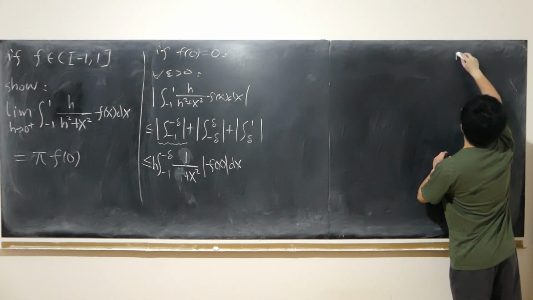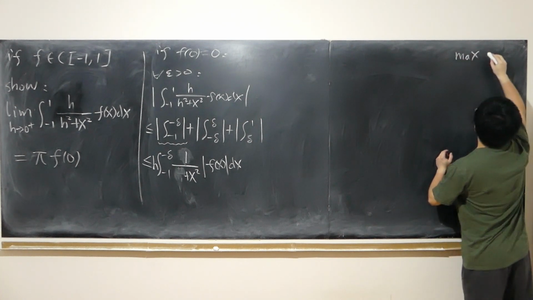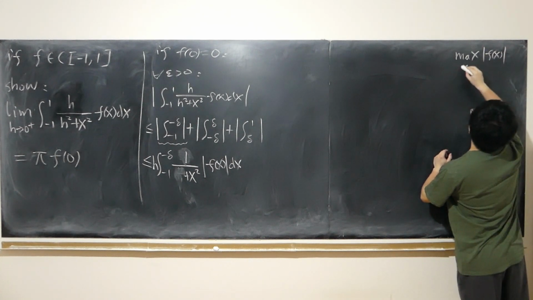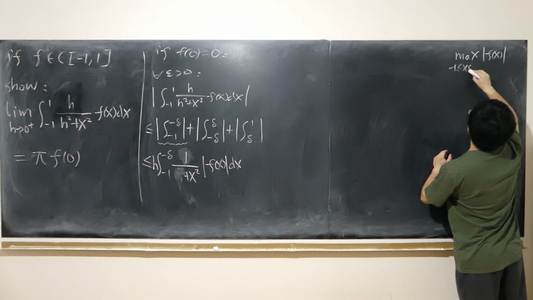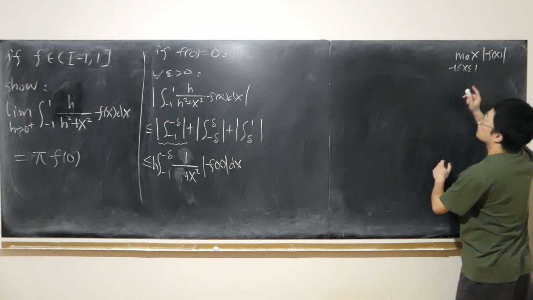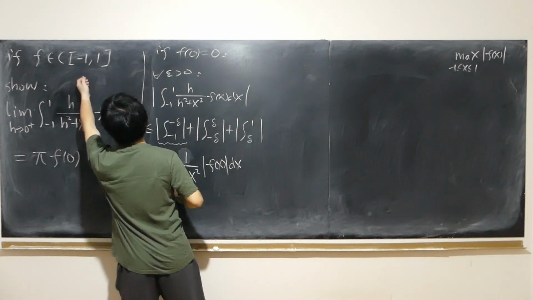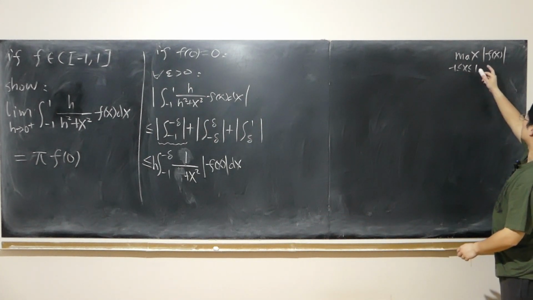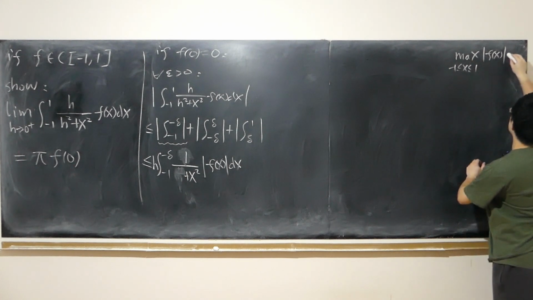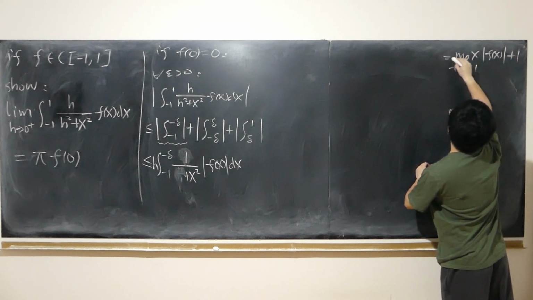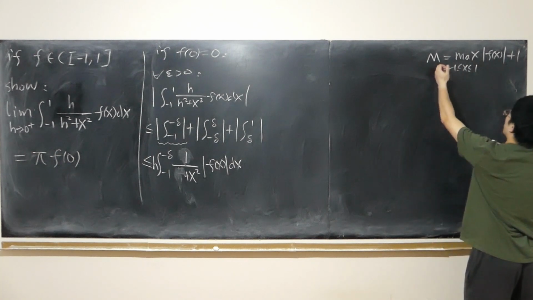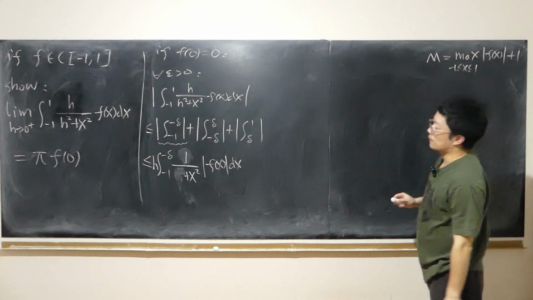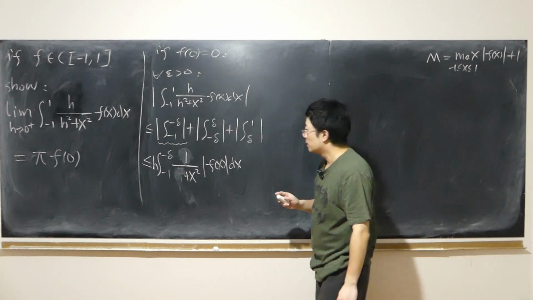Let me say the maximum of the absolute value of f(x), for x between -1 and 1, exists because f is continuous over this closed interval, so it has to be bounded above. This may be plus 1, denoted a big M, to make sure the whole thing is positive, because I'm going to do some division.